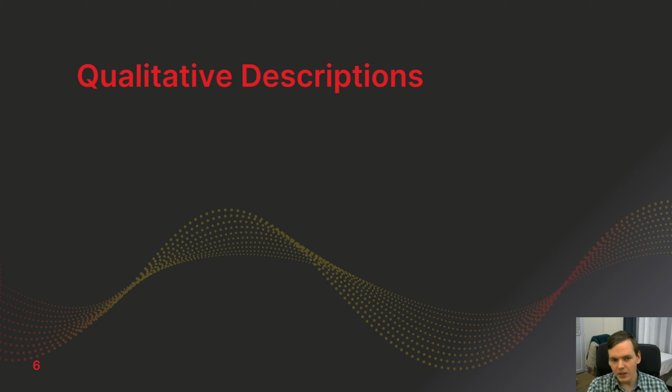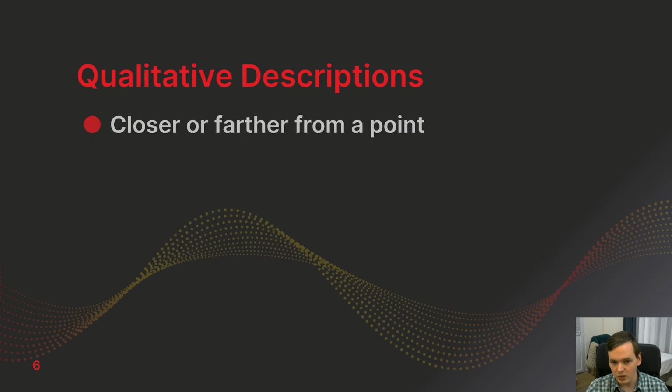Building on that, if we want to talk about our qualitative descriptors, like if we're describing how something's moving, if we want to say whether something's getting closer or farther away, what you want to do is look at the position and ask whether it is greater or smaller than the place we care about, the point of interest.